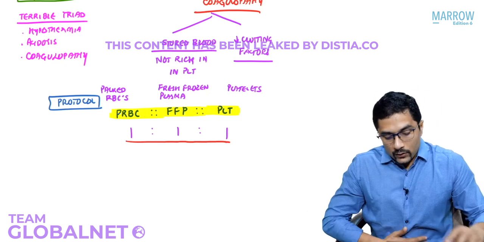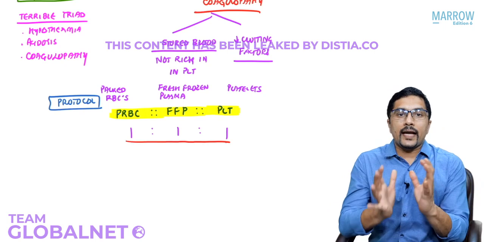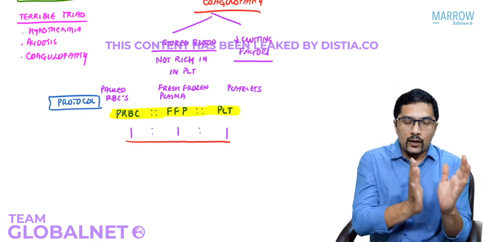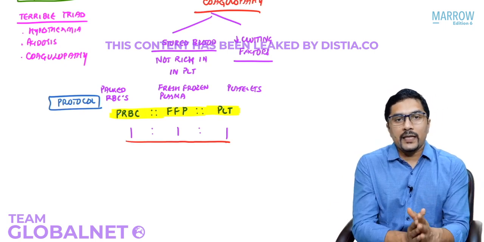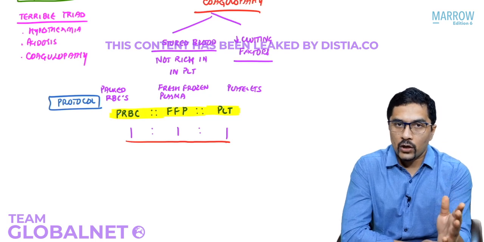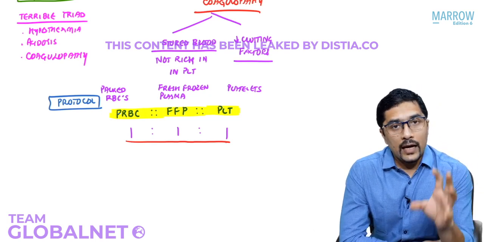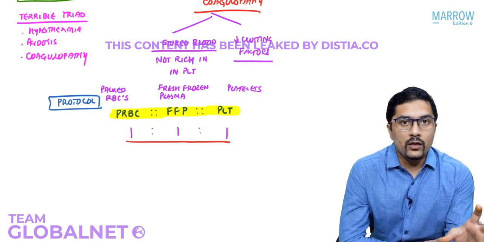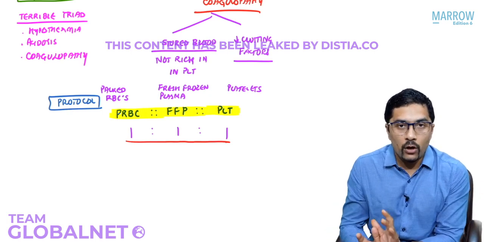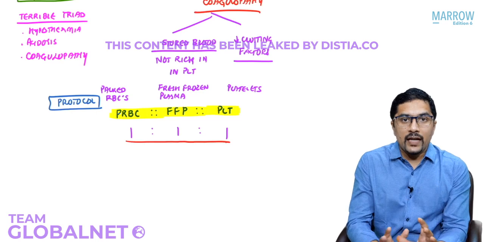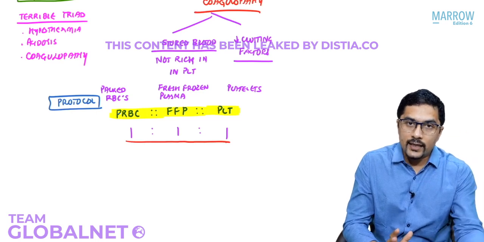Okay. Now these blood products, their storage, how do we transfuse them, has been covered in great detail in pathology by Dr. Illa in the blood banking module, right? I want you to listen to that module along with the shock module, because those values are asked in the exam.